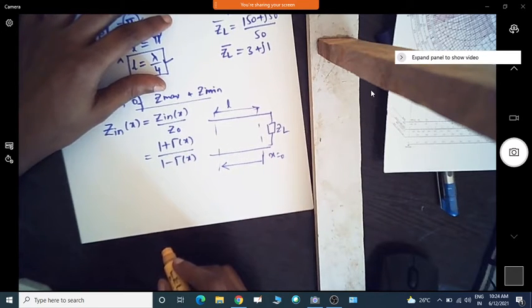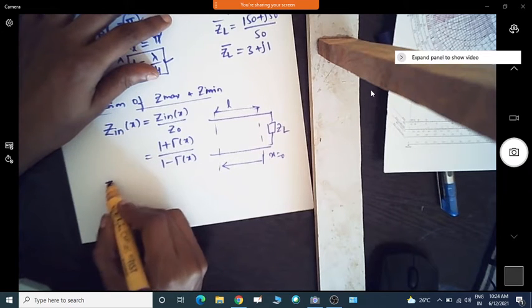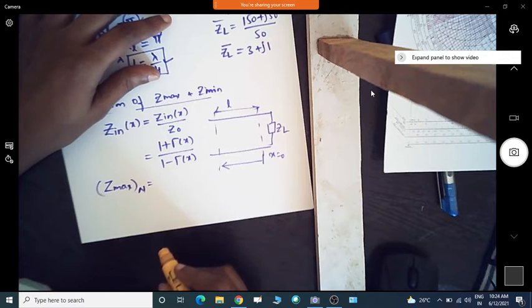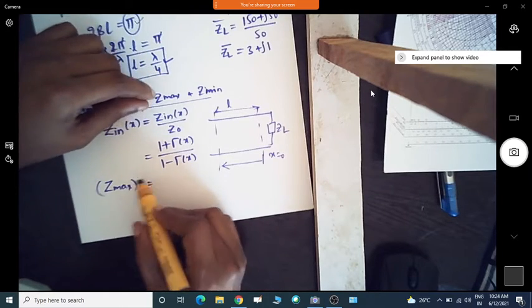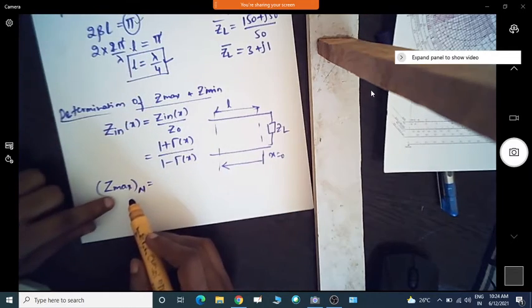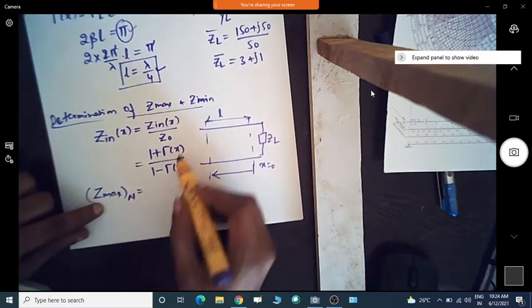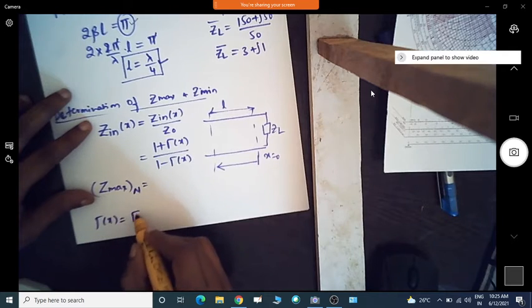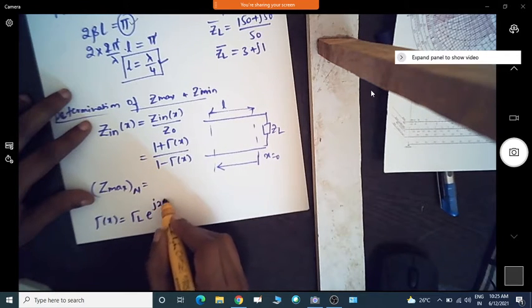To get Z max in the normalized value, we get the maximum whenever the phase is 0. We have gamma of x equal to gamma L times e power j 2 beta x.